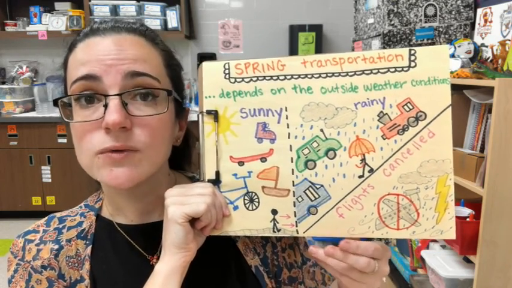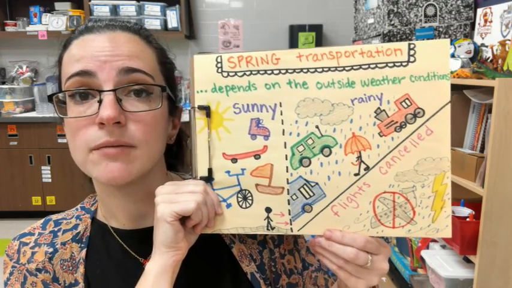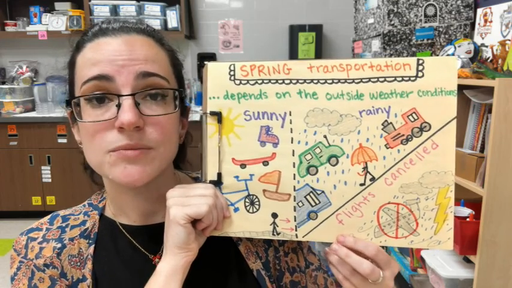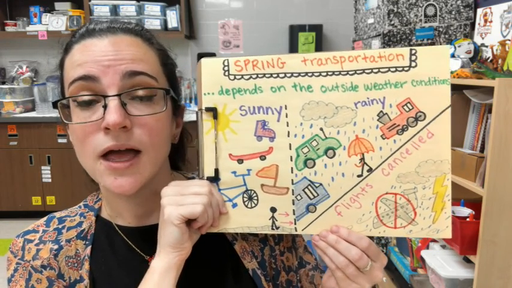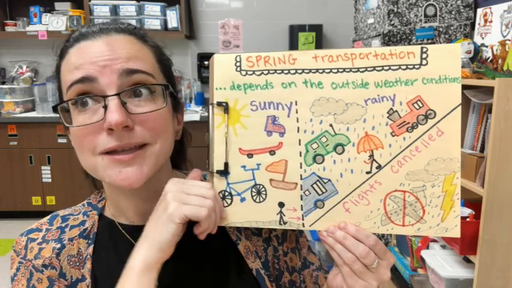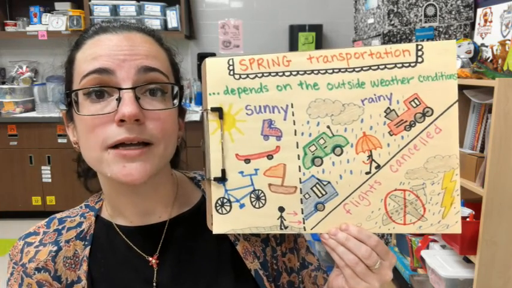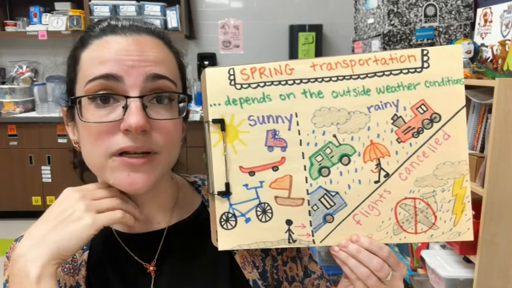So instead, we might have to choose a different type of transportation that keeps us dry and keeps us covered from any of that rain. So again, these transportations are all dependent on what kind of weather conditions are happening outdoors.